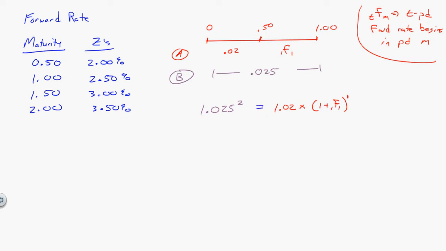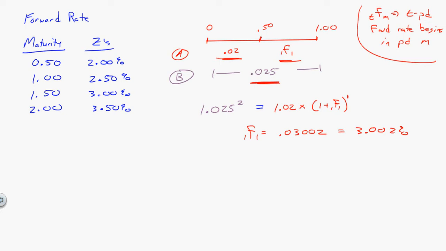And I want to find what makes that equal. So if I just go through and do the math, I find that 1F1 is equal to 0.03002, or 3.002%. So in other words, I don't care if I lock in my money now for 2 periods at 2.5%, or if you give me 2% today and we'll just call it 3% 6 months from now.